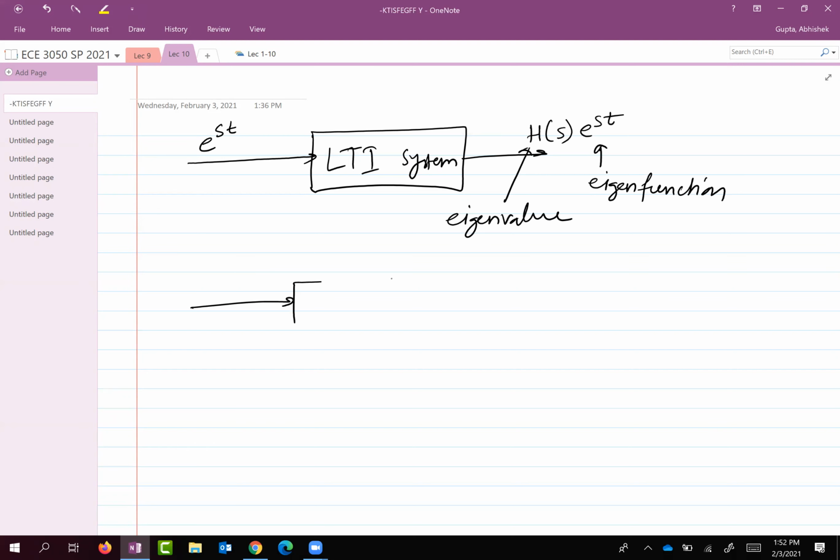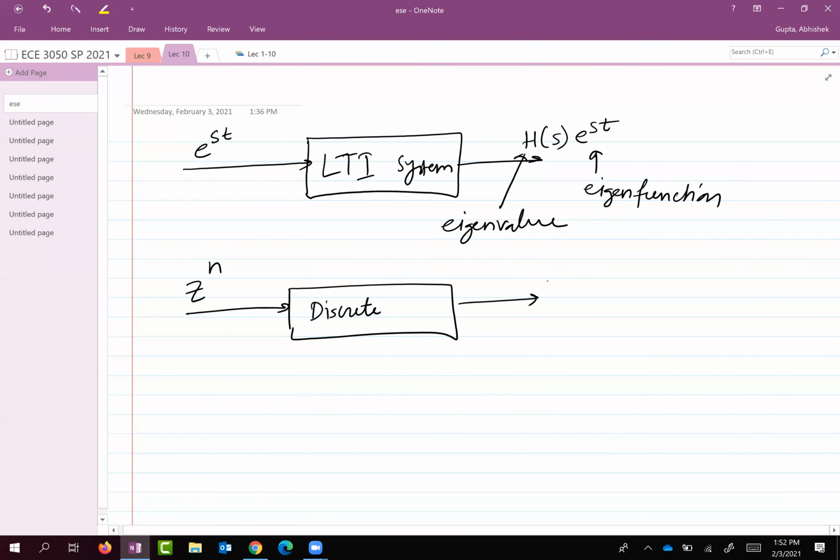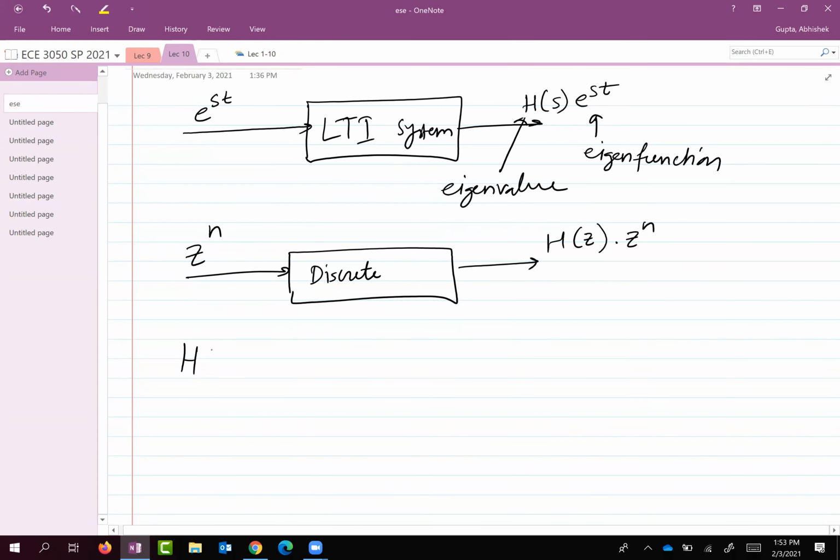The same thing happens for the discrete time system. You give it an input z raised to n, and your output is H(z) multiplied by z raised to n. The expression for H(s) is given by the integral from minus infinity to infinity of e raised to minus s tau h(tau) d tau.